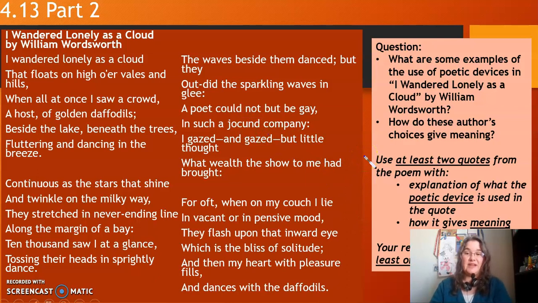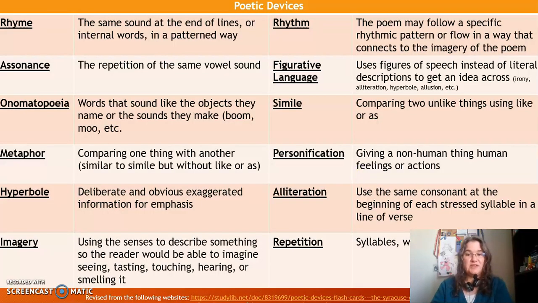Now, you got to know what a poetic device is to be able to explain it, right? So when we look at poetic devices, these are some of the most commonly used ones. So we've got rhyme, the same sound at the end of lines or internal words in a patterned way. We've got rhythm, so like the way it sounds, da-da-da-da-da-da-da-da.